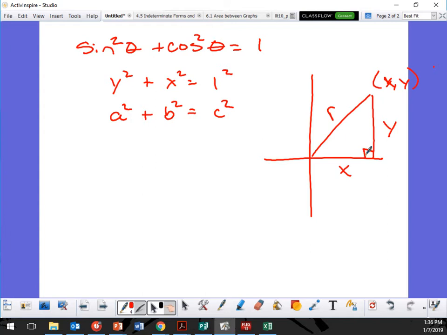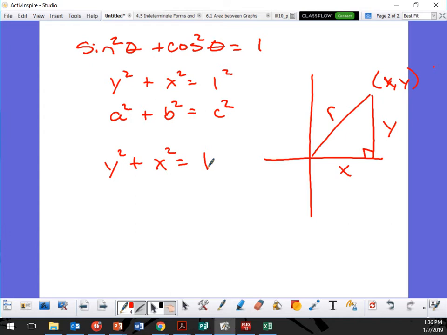So my x squared plus y squared is equal to r squared, but my r on my unit circle is always going to be 1. So that's where I get this one. My x squared, so it's my cosine squared, plus my sine squared is equal to 1. Now let's take a look at this. So I'm going to rewrite this: y squared plus x squared equals 1.